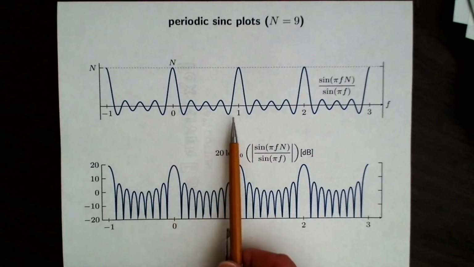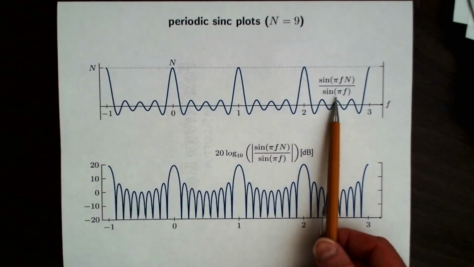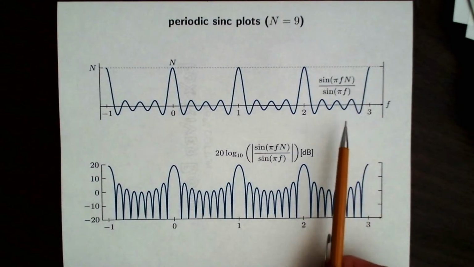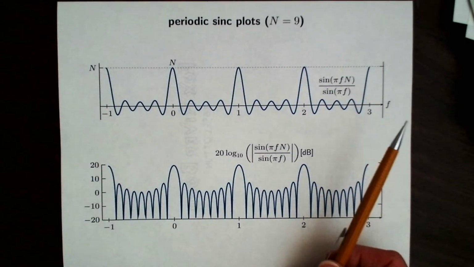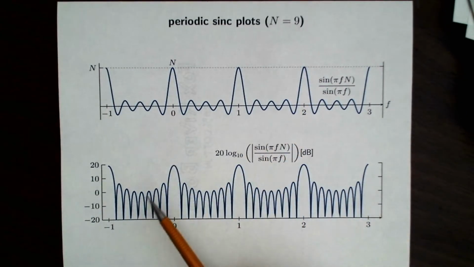You can see that that is the case here in this plot. The amplitude is n. Remember, here's the function that's being plotted. I removed the complex exponential, and we're just looking then at the real value, or the sine pi fn over sine pi f.